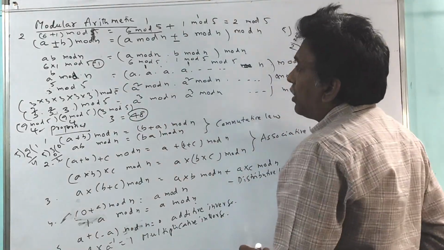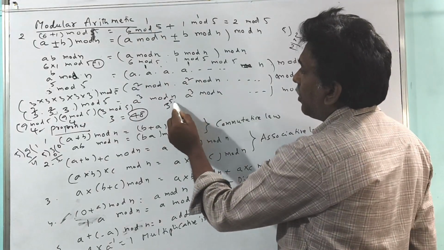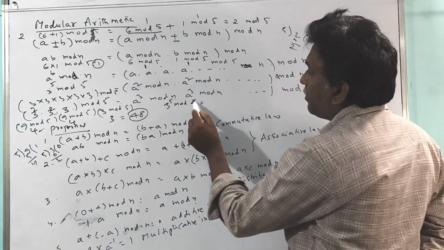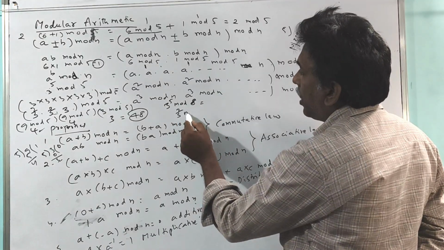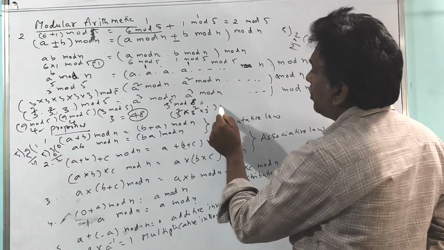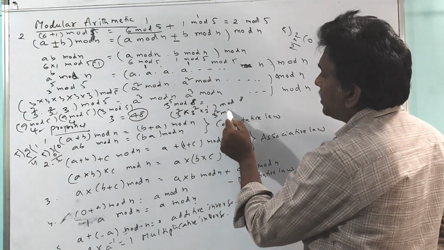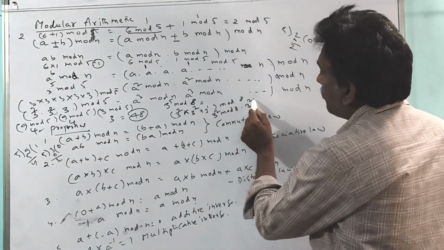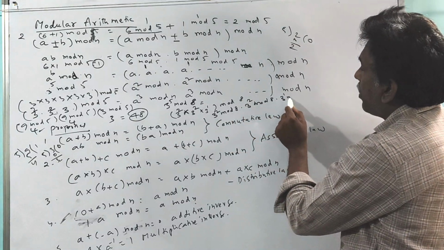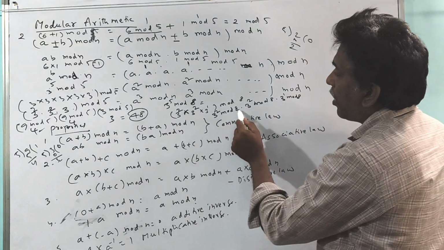For example, if you have 3 power 5 mod 8, what will it be? 3 power 5 means 3 square, 3 square, into 3 power 1, mod 8. So this is 3 square mod 8, 3 square mod 8, and 3 power 1 mod 8. 3 square mod 8 means 9 mod 8.